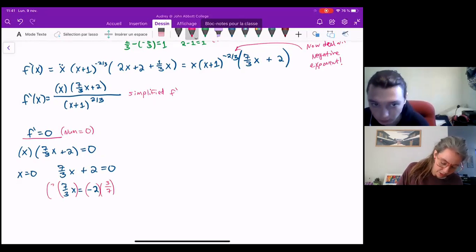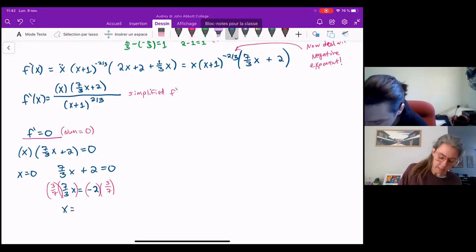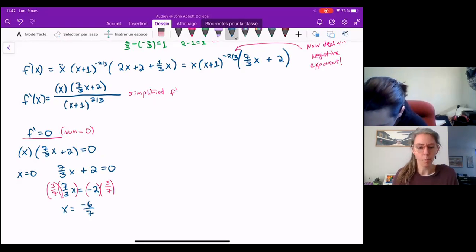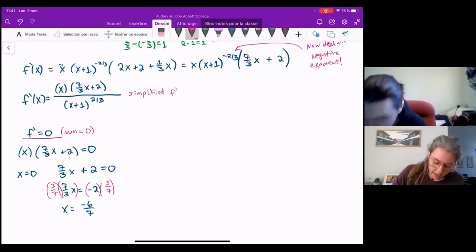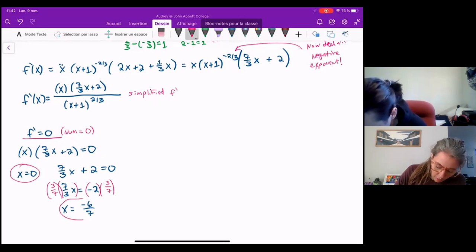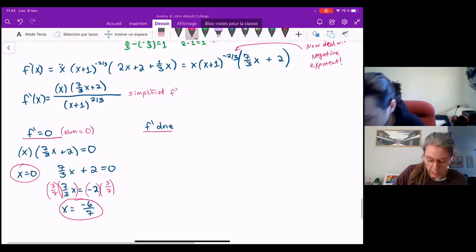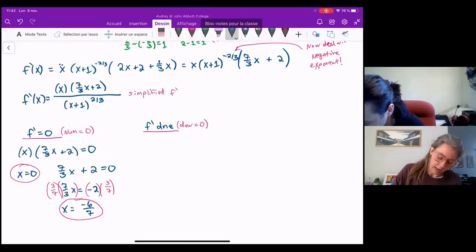So I could even multiply by 3/7 on both sides to get that x is equal to -6/7. So right now I have x is equal to 0, x is equal to -6/7, and then I want f prime does not exist, which is like setting the denominator equal to 0. So I set x plus 1 equals 0, and I get x is equal to -1.